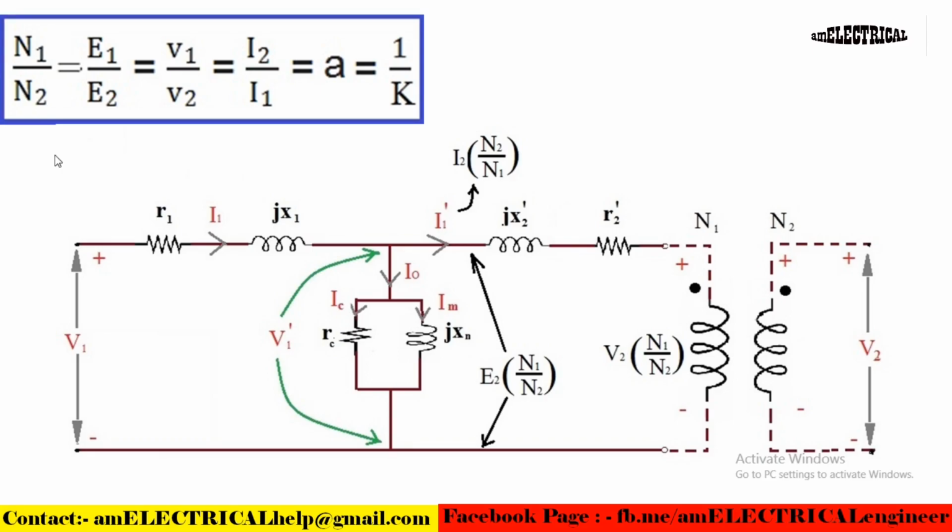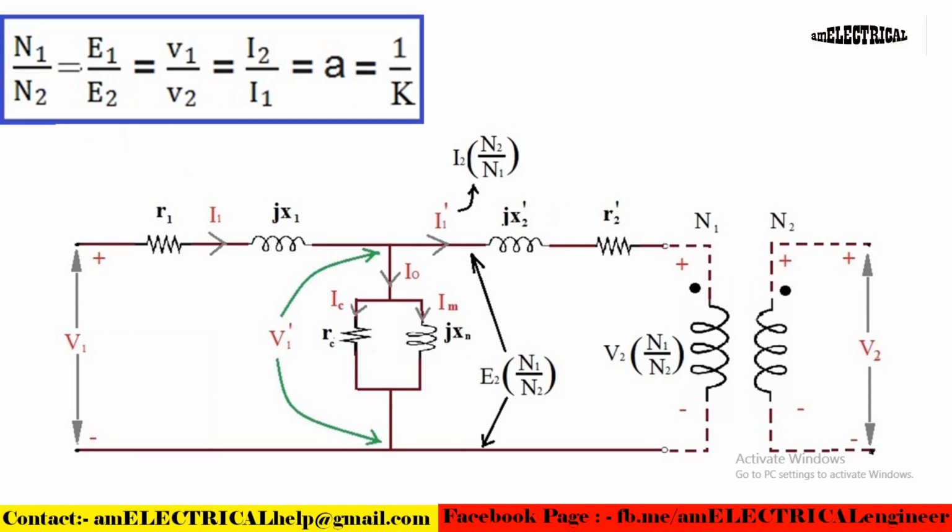Similarly, load voltage V2 will also be multiplied by the same N1 by N2 factor. But from the formula you can see the current is inversely proportional to N, E, that is number of turns, EMF, and V, voltage. So in case of current transformation, it will be just the reverse case. That means I2 will be multiplied by N2 divided by N1.